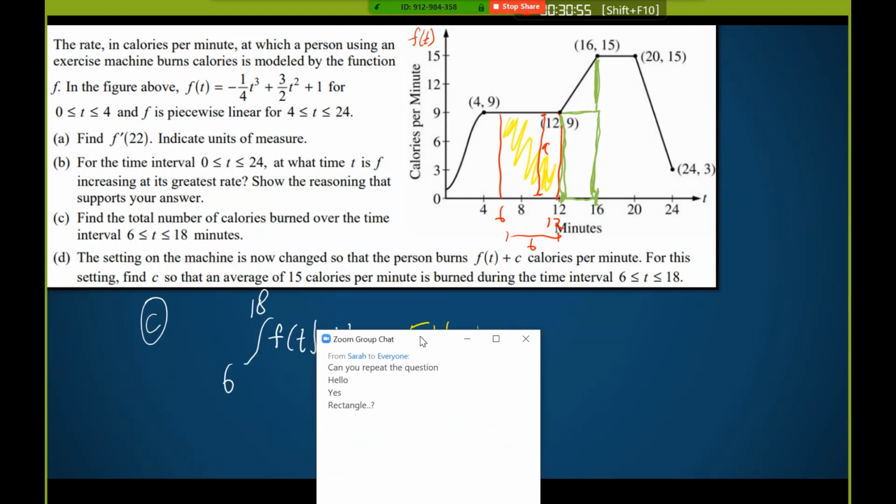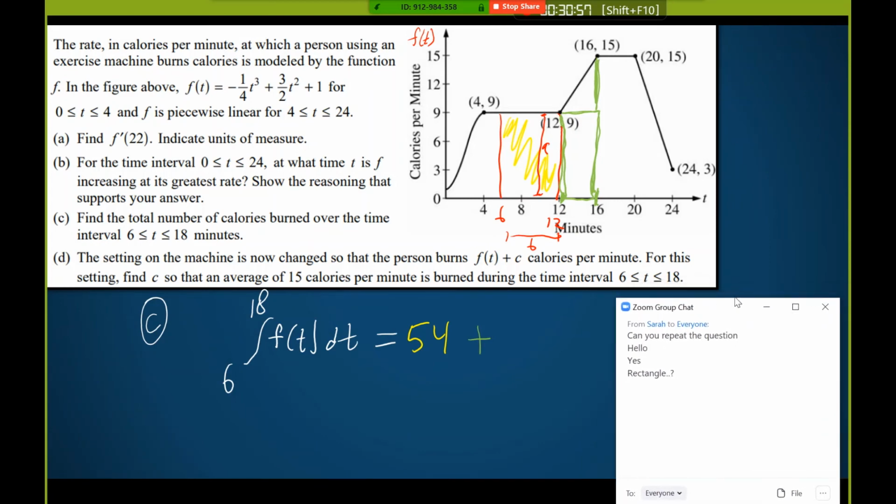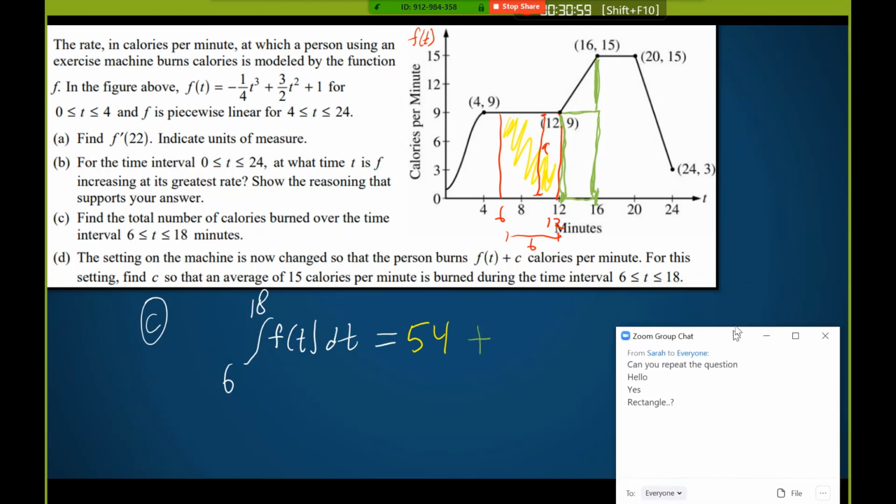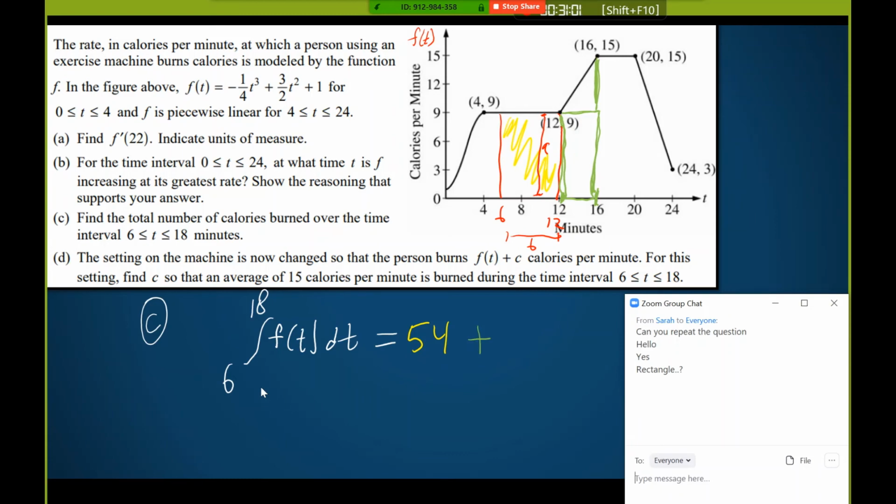I'm going to throw your chat up so everyone can see. Okay, so we've got a rectangle. What are the side lengths of the rectangle in green? Okay, so I've got 9 and 4, perfect. So that's 36. And then we've also got this triangle here, which would be a 4 by 6 triangle.